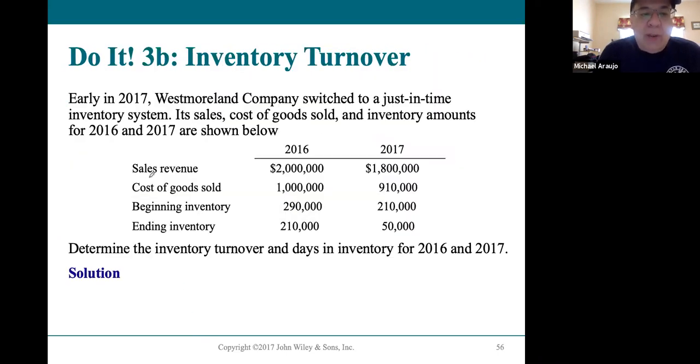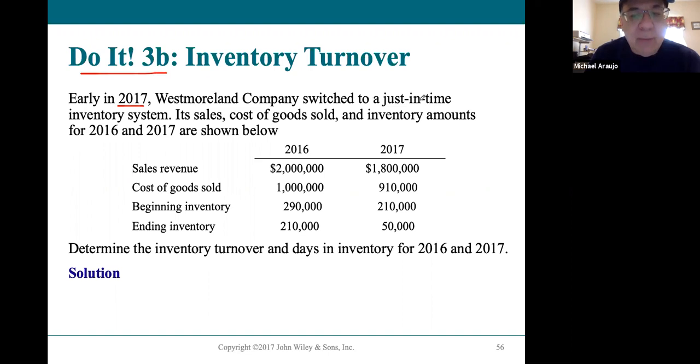We're going to go right to the do it exercise for inventory turnover here. This is the last thing that we're doing in the chapter, and as you see, we've only been together about a half an hour, so there's really not a lot left for chapter 6. So here we have 2017 as the year. Westmoreland Company is the company, and they switched to something called a just-in-time inventory system.